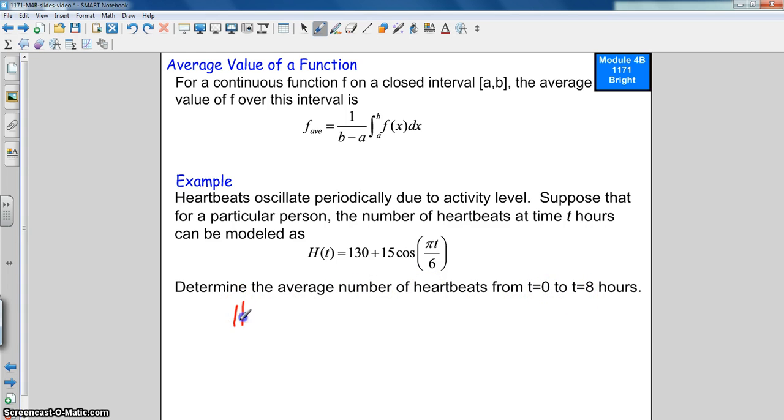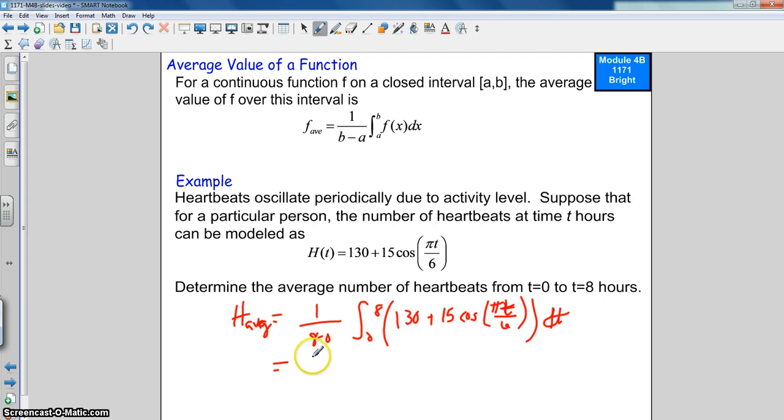So H average is equal to 1 over the difference in time, 8 minus 0, times the integral from 0 to 8 of 130 plus 15 cosine of pi t over 6 dt.